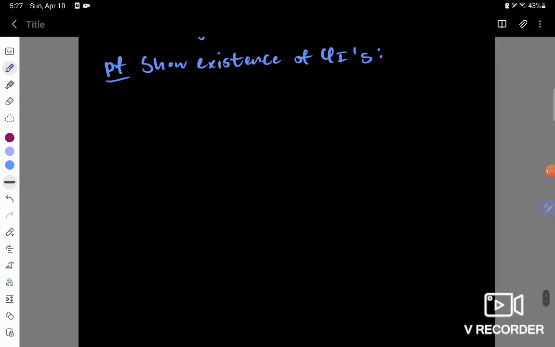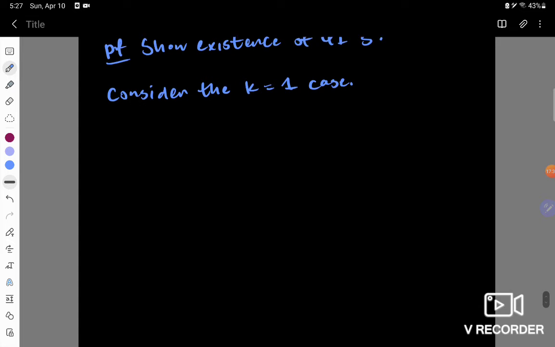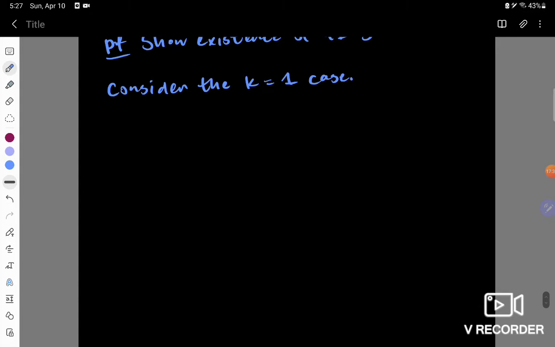So consider first the case k equals 1, which we know to be the dual space. Then we have seen the construction of a dual space, or hopefully you have in a prior linear algebra course.